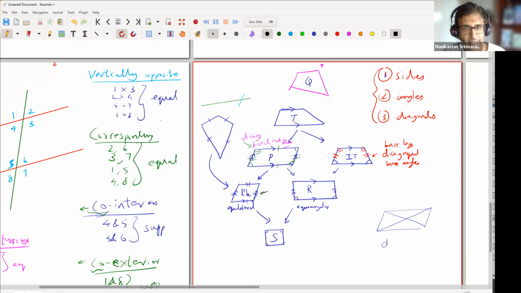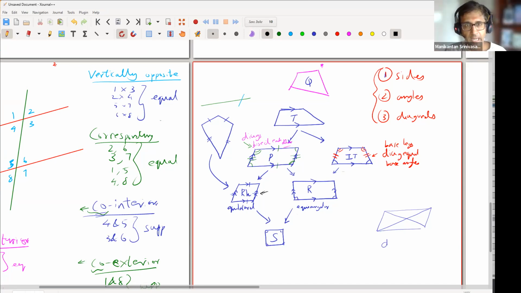In terms of diagonals, anything? Akshaj, diagonals in a rhombus? They bisect. That's true even for a parallelogram. They bisect each other. Yeah, Ashi? So they bisect at 90 degrees if I'm right. Excellent.